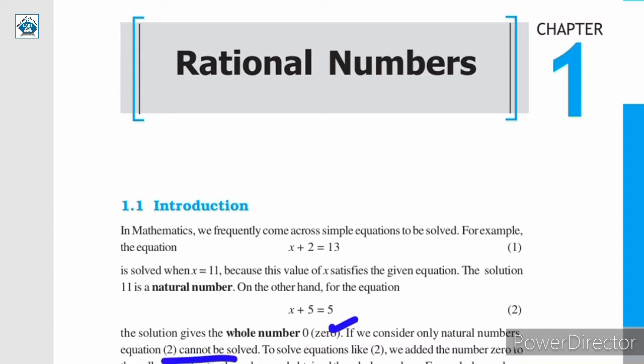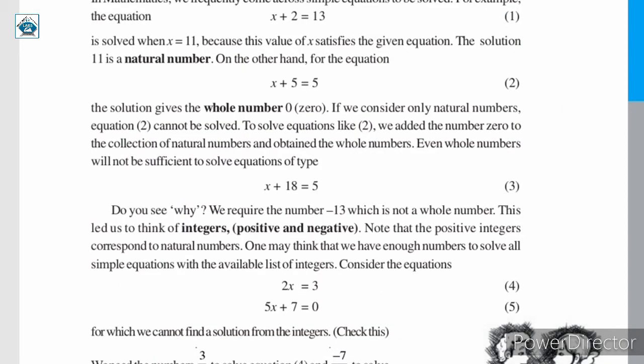It can be solved using the whole number 0. To solve equations like equation 2, we added the number 0 to the collection of natural numbers and obtained the whole numbers. Even the whole numbers will not be sufficient to solve equations of this type.